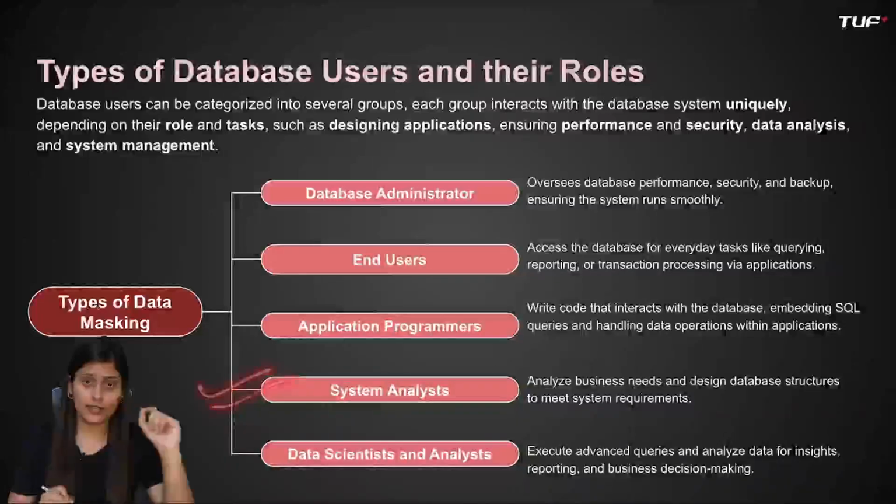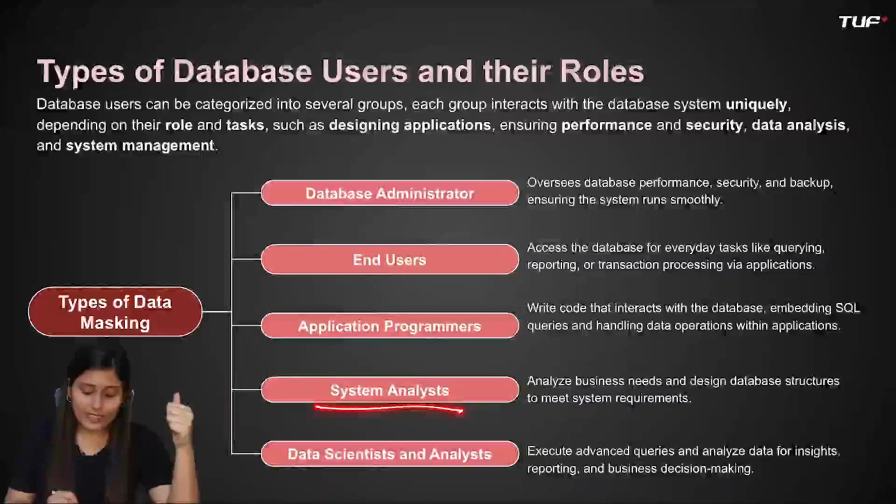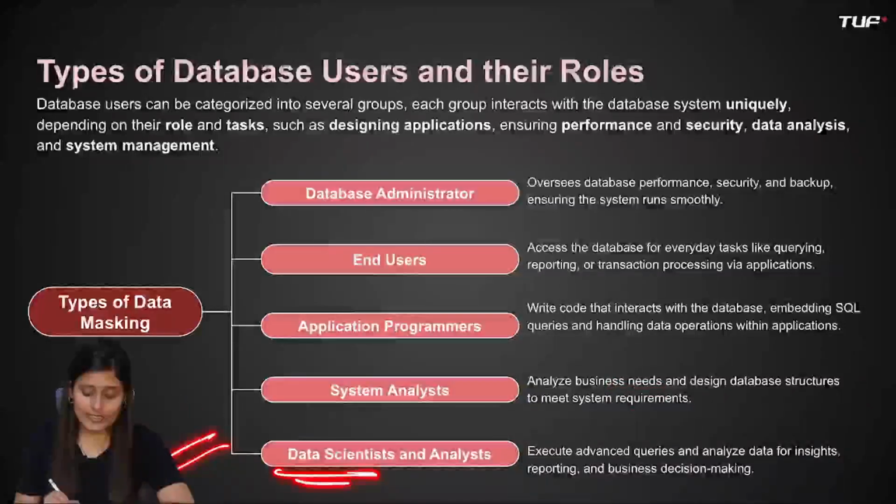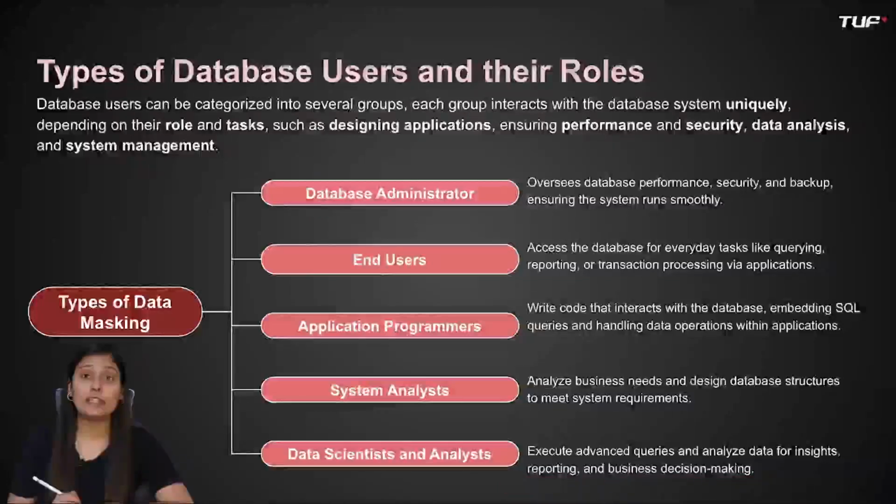Next is system analyst, and they are basically responsible for business needs and designing the database structure to meet the system requirements. And last is data scientist and analyst, and basically they are responsible to execute advanced queries and analyze data for insights, reporting, and business decision making.